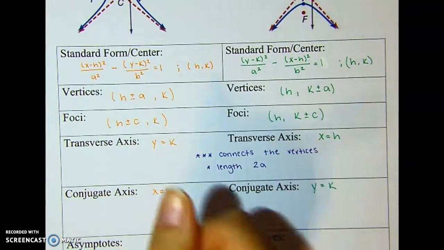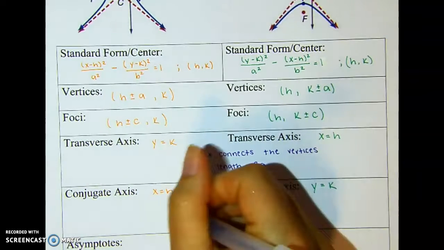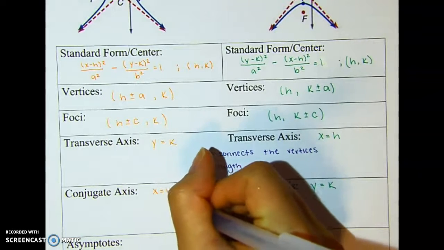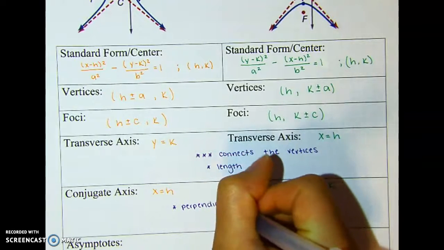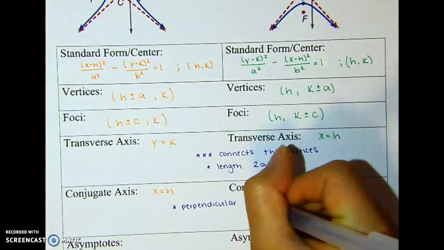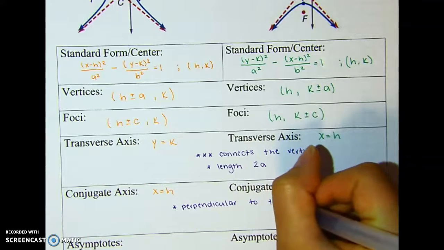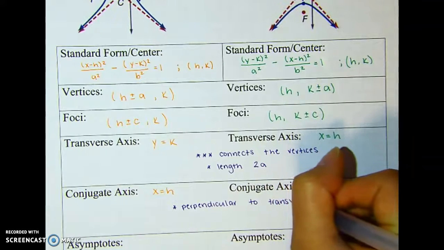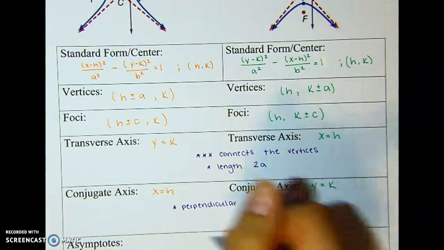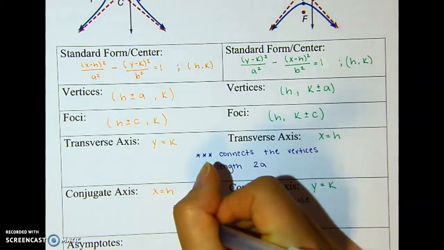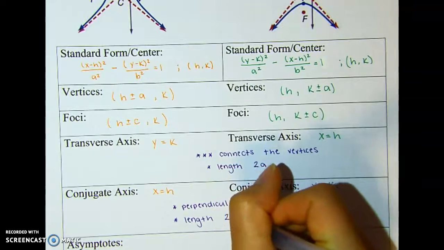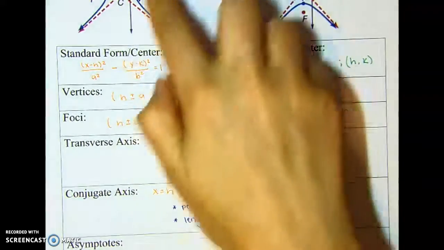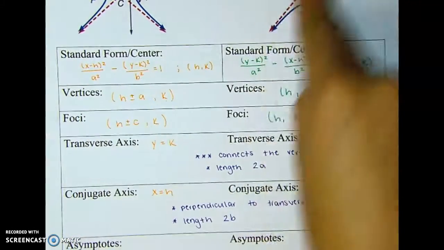And the conjugate axis is perpendicular to the transverse and has the length of 2 times b.